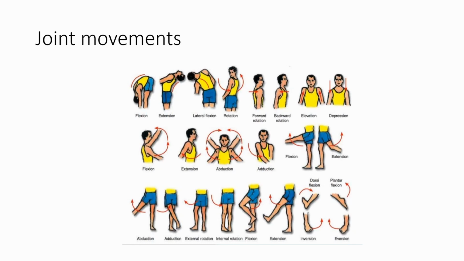Adduction, ADD, adduction, is when you move a limb in closer towards the midline. Abduction, ABD, abduction, is when you move the limb away from the midline. The little joke I like to give is that if you were abducted by aliens, the aliens would take you away.